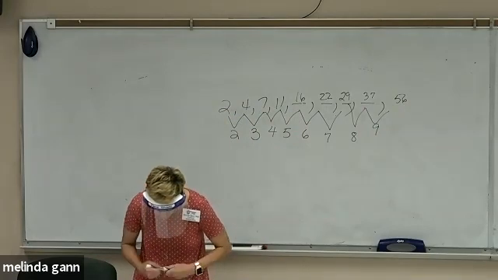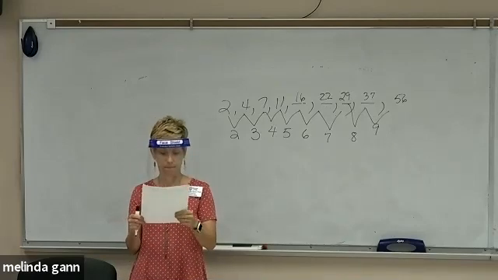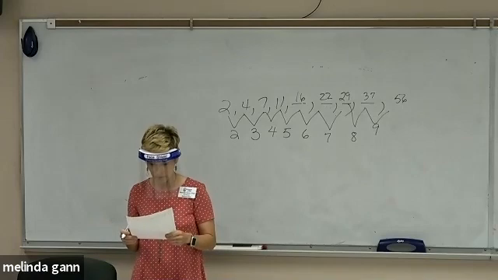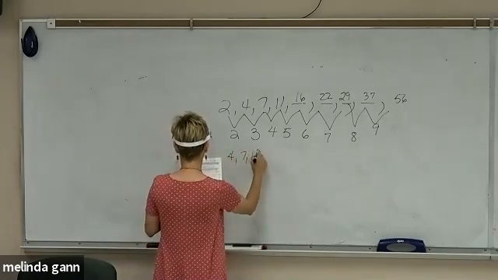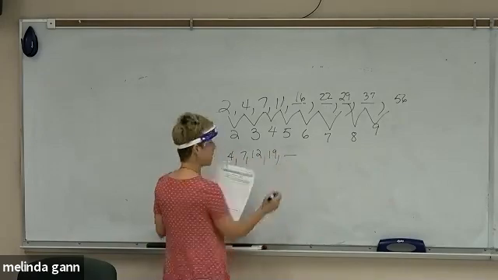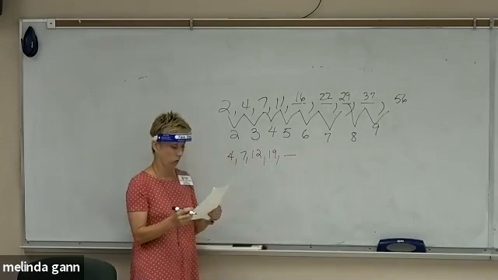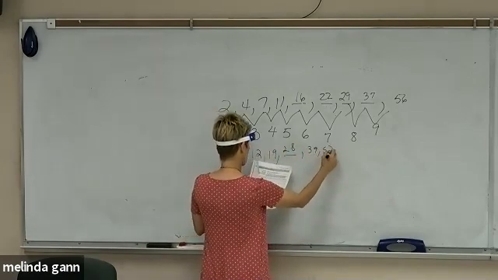All right. Can anybody figure out number 8? What'd you do? I did 5 numbers. Okay. All right, so 4, 7, 12, 19. All right, so Amber, tell me what you got in the blanks. 28, 39, 52, 67, 84, 102.